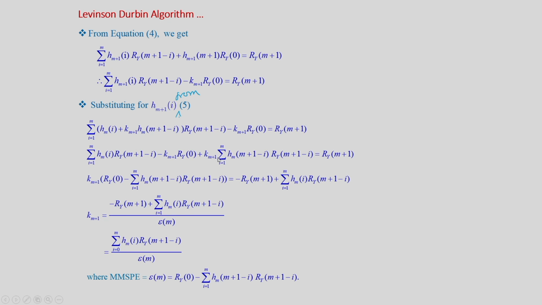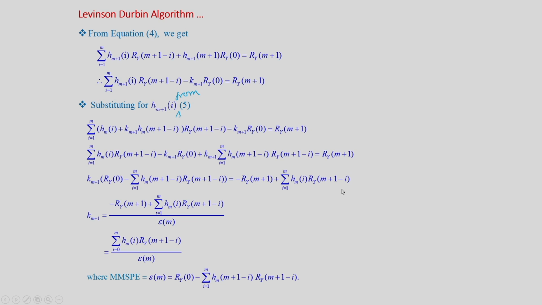And after simplifying, we will get k_{m+1} into R_y(0) minus the summation of h_m(m+1-i) into R_y(m+1-i), going from 1 to m, that must be equal to minus R_y(m+1) plus the summation of h_m(i) into R_y(m+1-i), going from 1 to m.